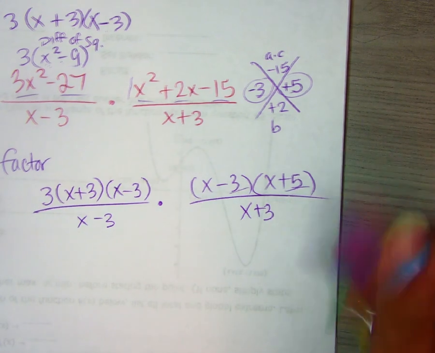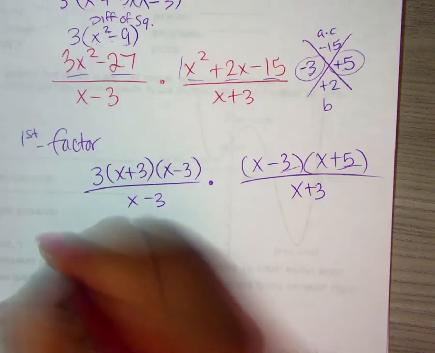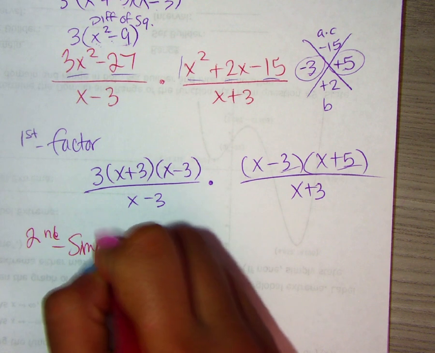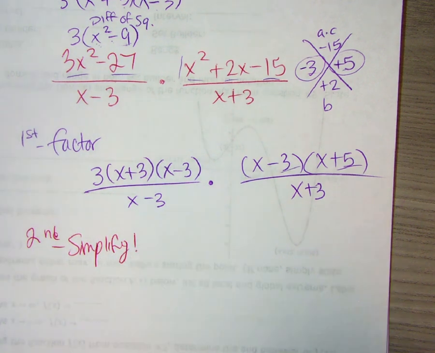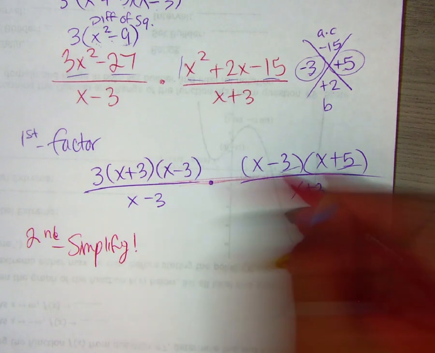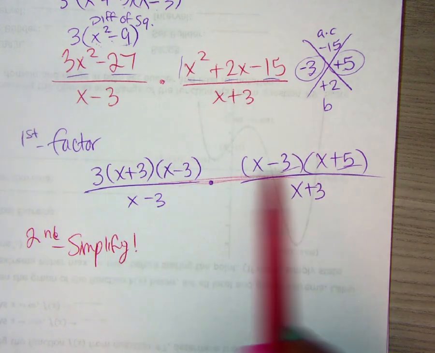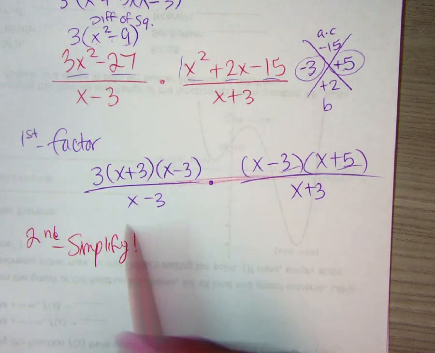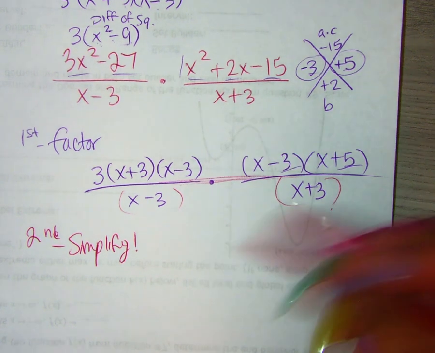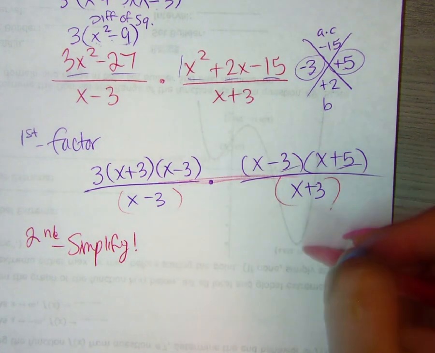All right, now that it's in factored form, we are going to do the second step, which is to simplify. If we multiply across, we're going to technically have a multiplication of all these in the numerator and these two factors in the denominator. So we simplify by looking at the numerator and denominator.